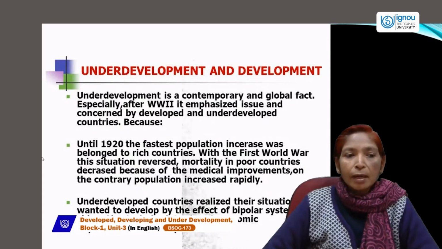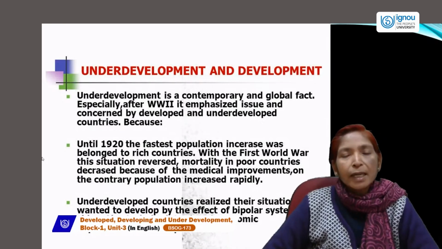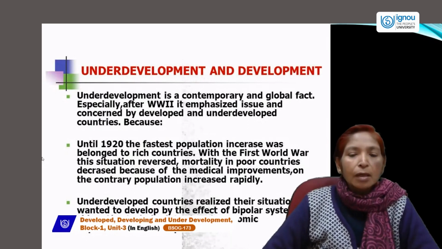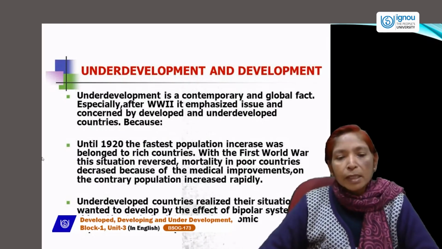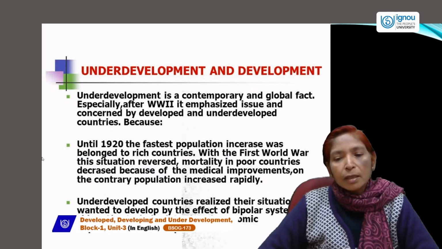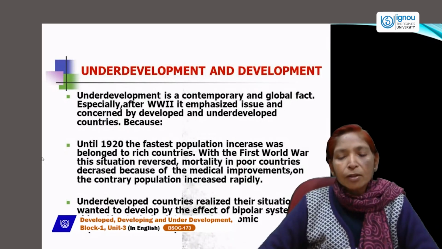Mortality in poor countries decreased because of medical improvements. On the contrary, population increased rapidly. So, underdeveloped countries realized their situation and wanted to develop, by the effect of the bipolar system.